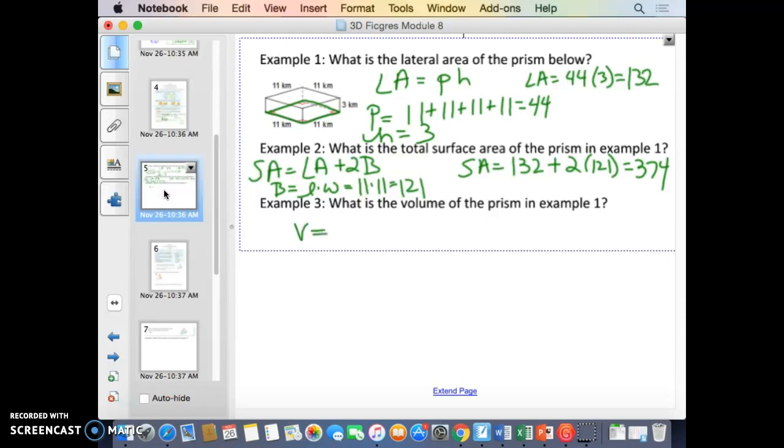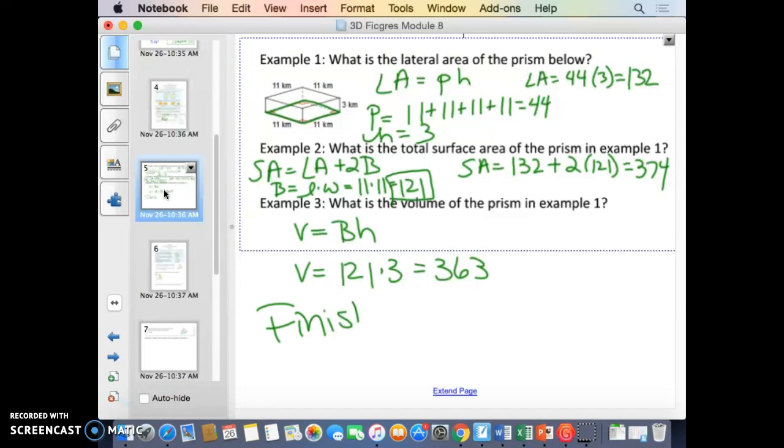Volume equals base times height. Our base is 121 times our height, which is 3, so this equals 363. At this point, you should be able to finish page 6. Then you're going to want to come back and watch the videos for pyramids and cones.